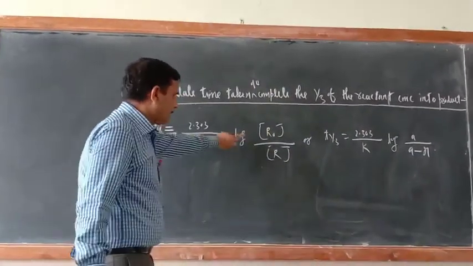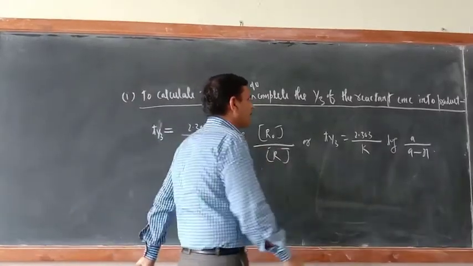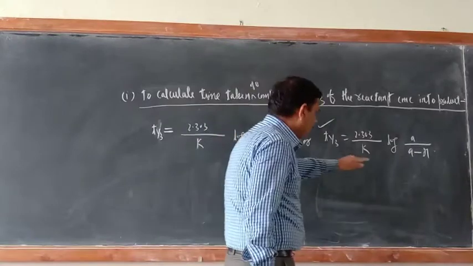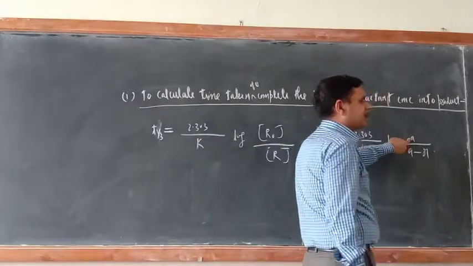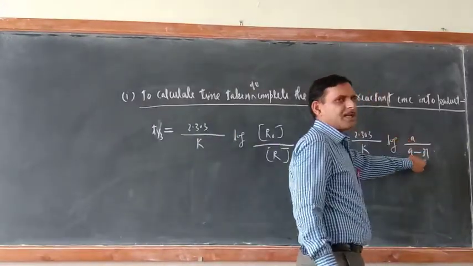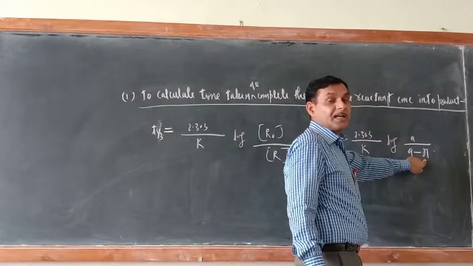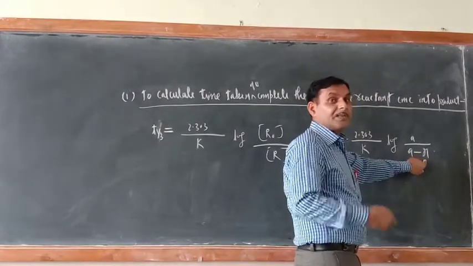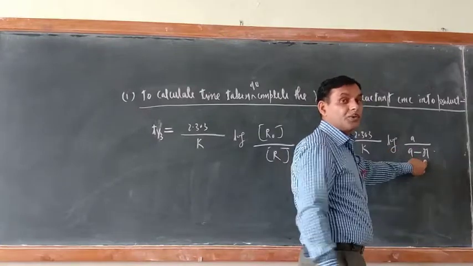Now I am going to use this one. What is A here? Initial concentration. What is X here? X is the concentration of reactant which gets completed into product.